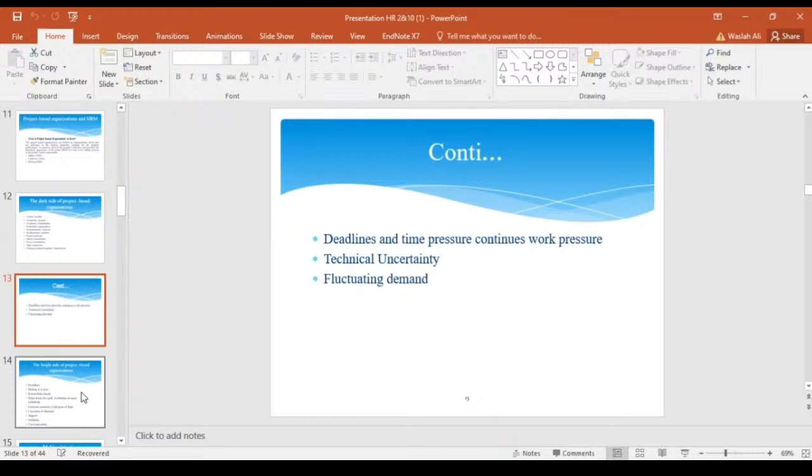Technical uncertainty can be defined as when knowledge of something is scientifically possible or technologically feasible, but how to achieve it is not readily available to competent professionals working in the field. Fluctuating demand. Fluctuating demands are demands that change with time. It may refer to a fall in demand or a rise in demand.